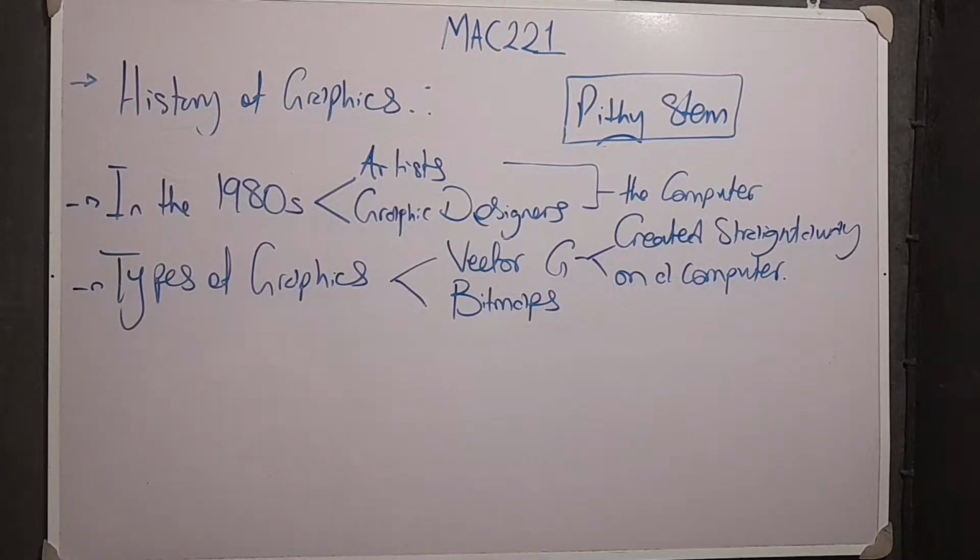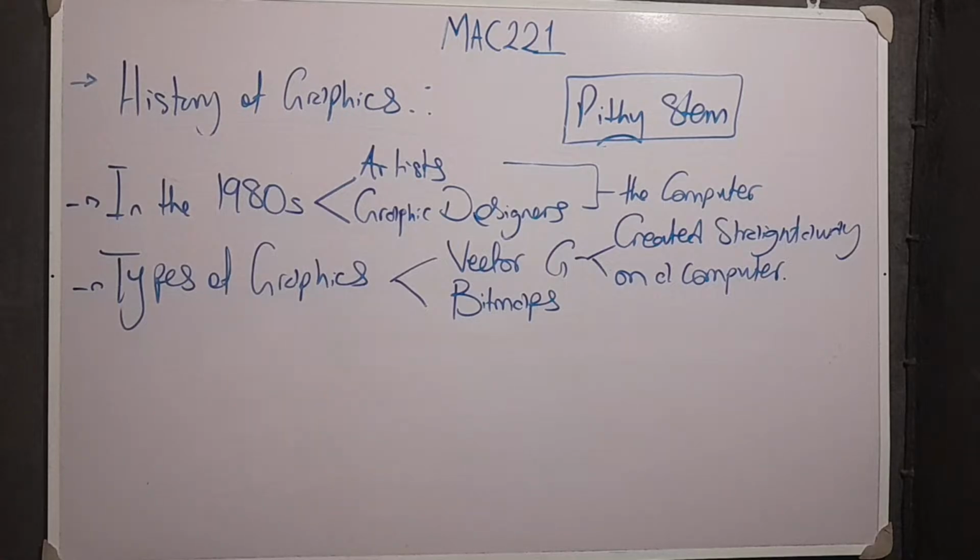This kind of graphics cannot be input into the system without the use of an application independent of your computer. So it's the opposite of vector. Vector does not need a third party, but bitmaps require a third party.